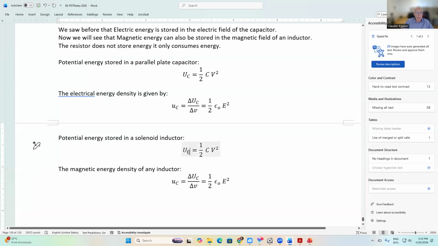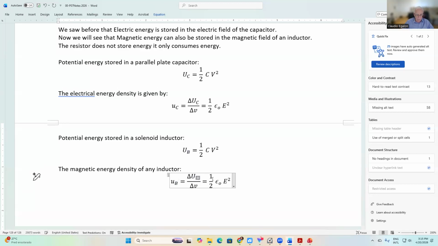Here you go, here is going to be U over B. Here is going to be U over B as well, okay? Lowercase u over B is going to be the amount of energy stored in the magnetic field by the amount of volume. I'm going to derive this equation.